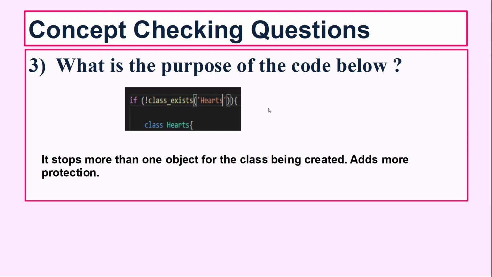The purpose of the code is to stop more than one object from the class being created. So this adds a little bit more protection, and it stops the code from doing strange things if multiple objects have been created and you only want one of them. So it's a good way to help protect a little bit more of your code.